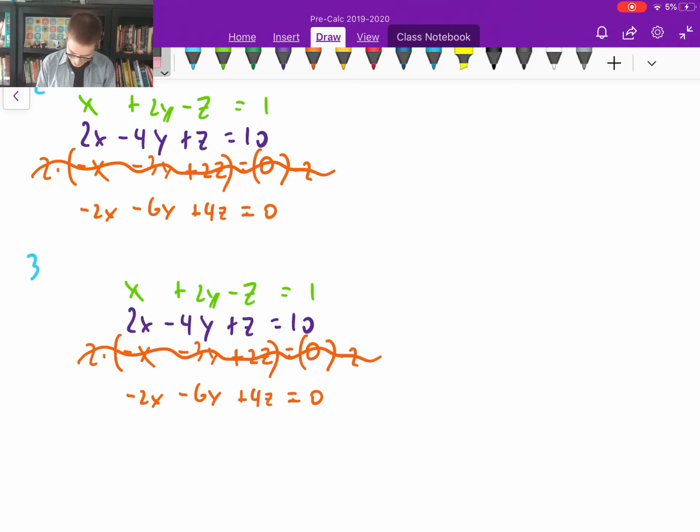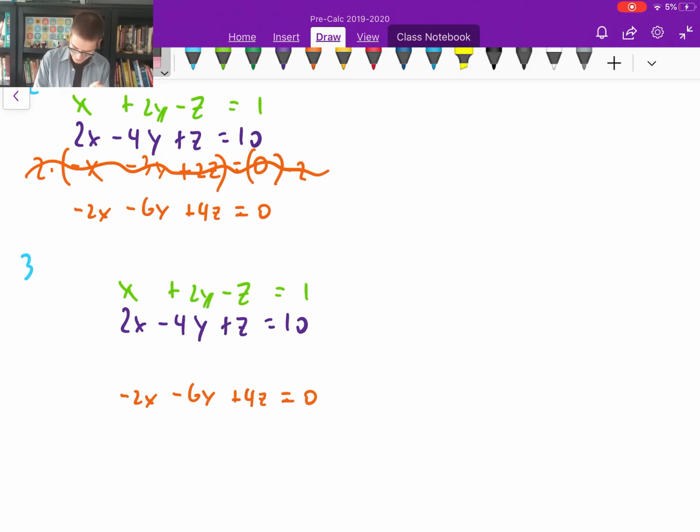Okay, so rule 3 says we can take the purple equation and orange equation, and we can add those 2 equations together. Let's say I'll add these 2 together, and that can be our new orange equation. So I'll add the 2x plus the minus 2x.